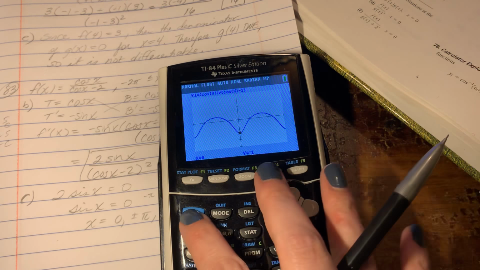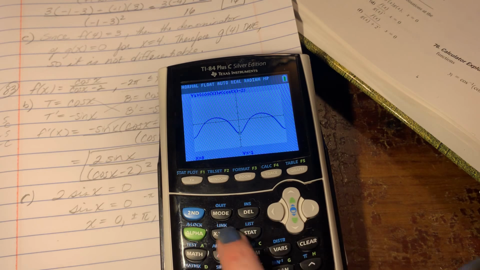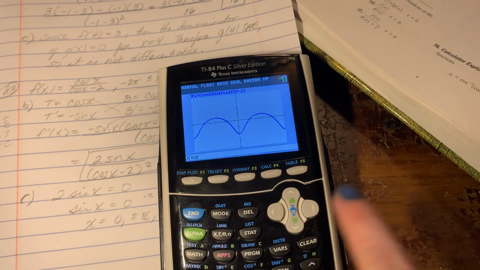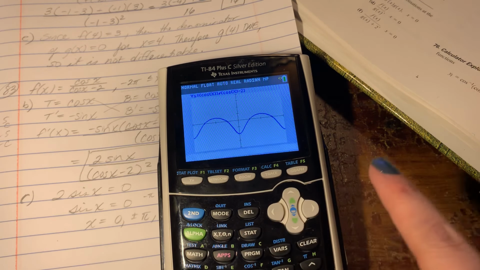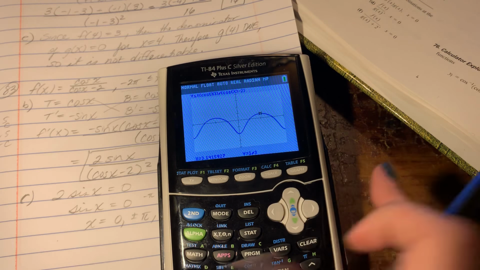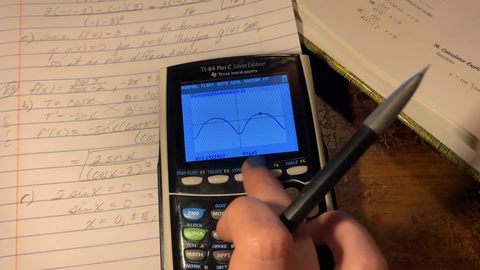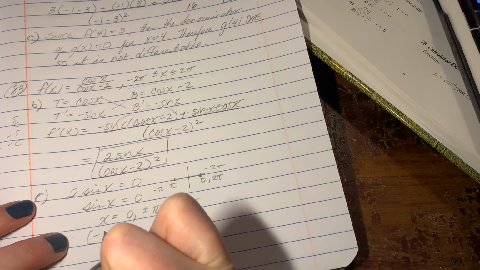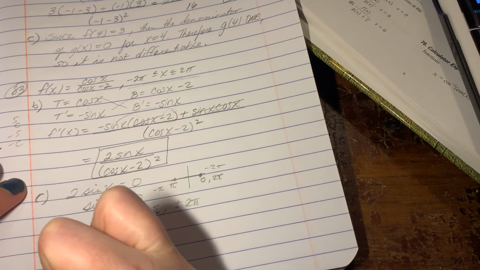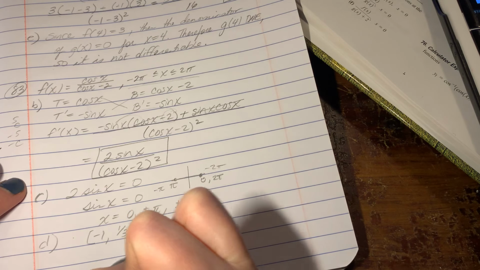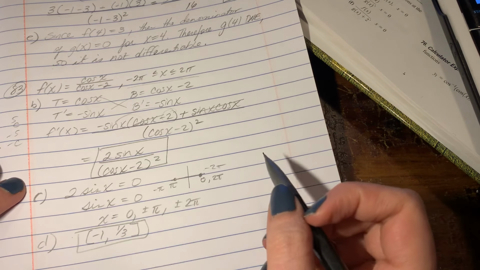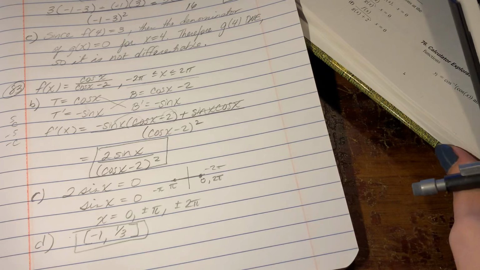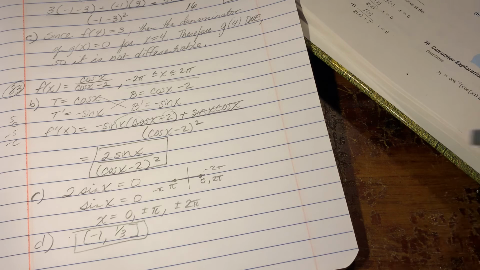Pi? Oh yeah, pi. See? So now I'm going to put second pi. And you just do it and it'll do the next one. You don't have to calculate again. And that's 1/3. And it actually gives me 1/3, but if it gave 0.333, write it as 1/3 if you know. So negative 1, oh, this is D, to 1/3. Okay. All right, and that's it.